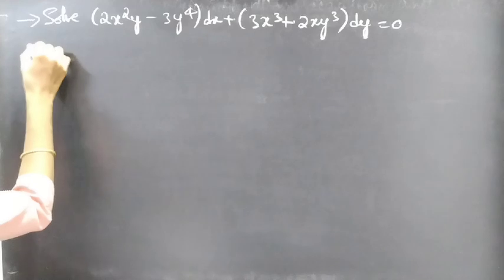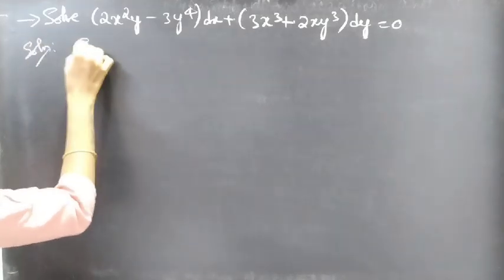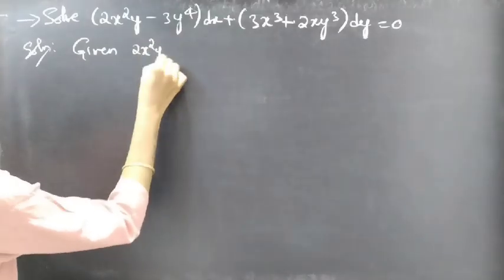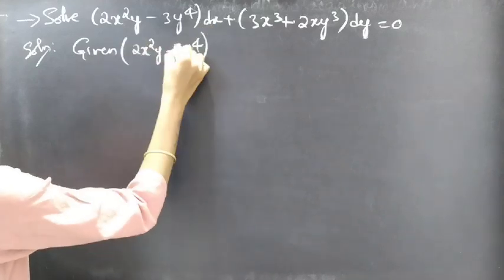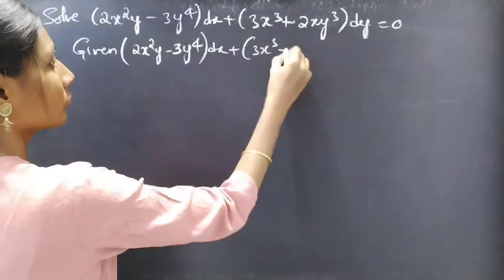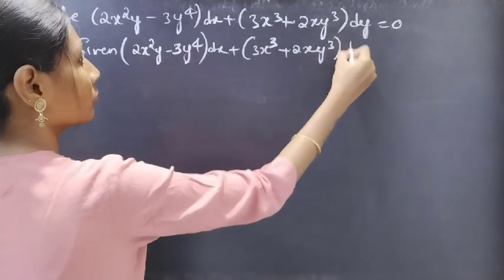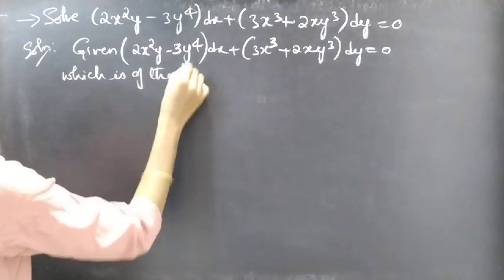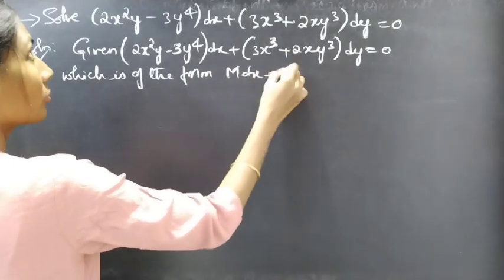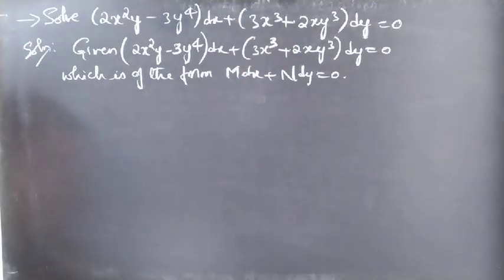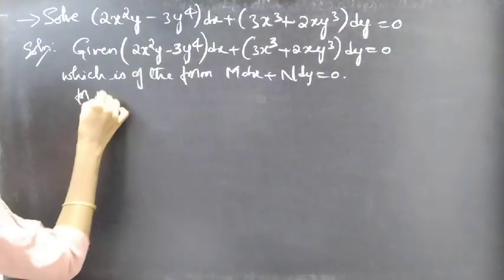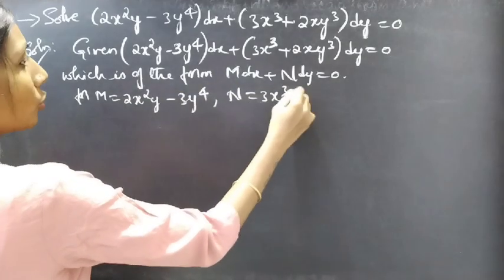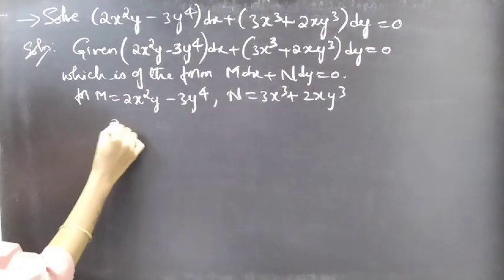So here we are given a differential equation of the form M dx plus N dy equal to 0, for M equal to 2x square y minus 3y power 4 and N equal to 3x cube plus 2xy cube. So here we need to find whether it's exact or not.